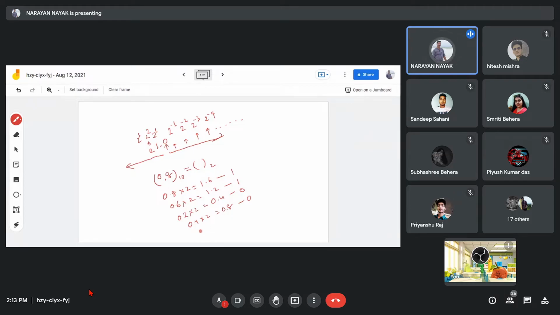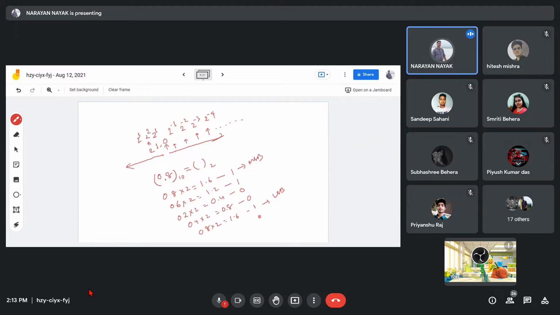Again, same thing, you are getting 0.8 into 2. Clear? So 1.6, the recorded digit is 1. And again if you continue, 0.6, again it will come 1, like this. But our requirement is that after the decimal point, this is an MSB and I have considered this as your LSB.